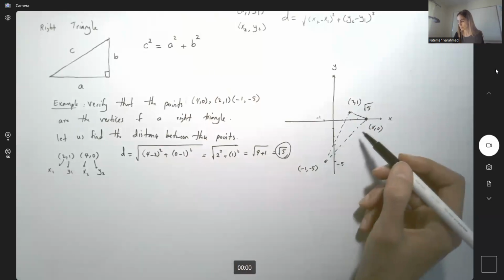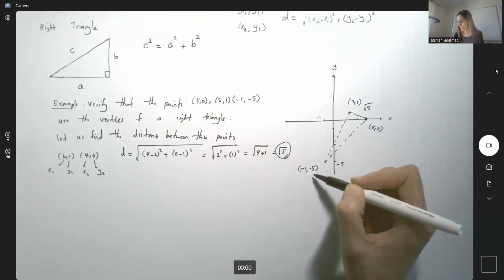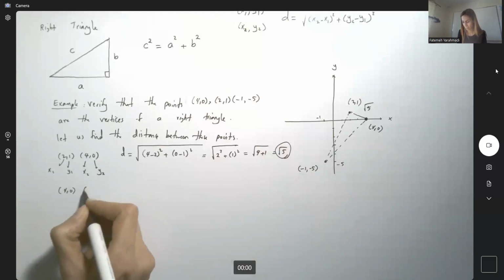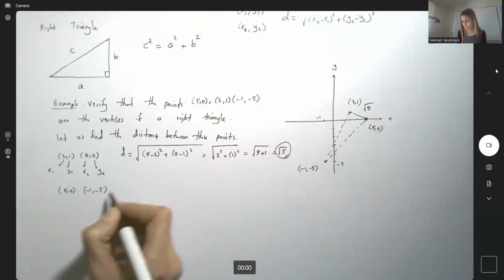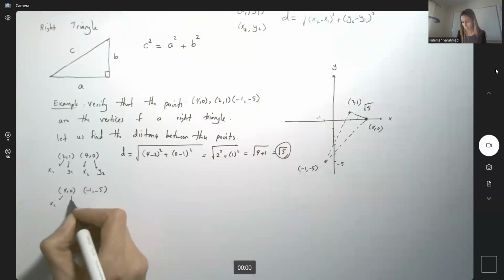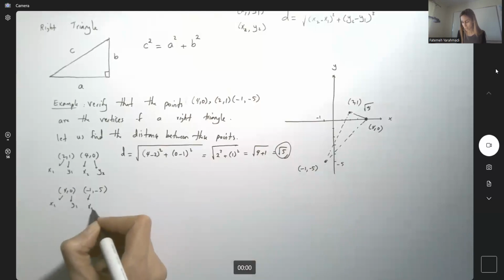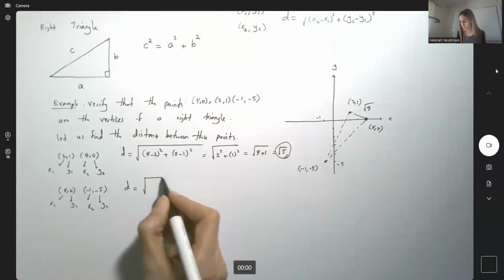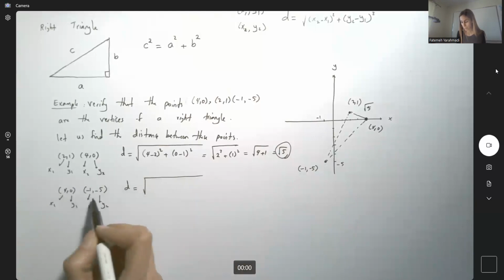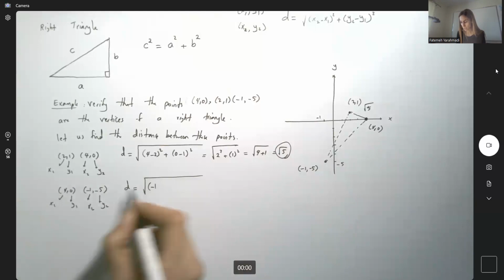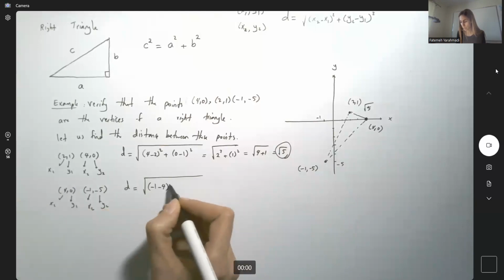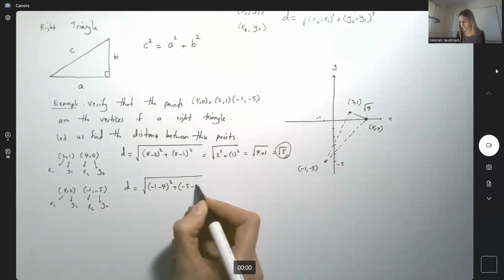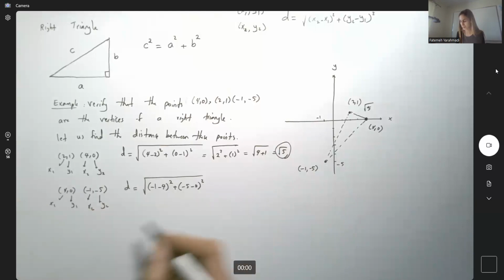Let us find the distance between (4, 0) and (-1, -5). This is my x1, y1. This is x2, this is y2. So the distance is equal to the square root of the difference between x values, -1 minus 4 to the second, plus -5 minus 0 to the second.